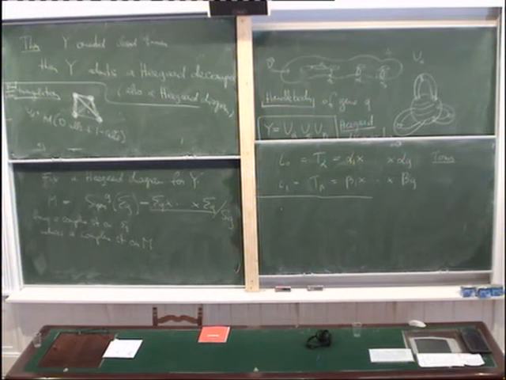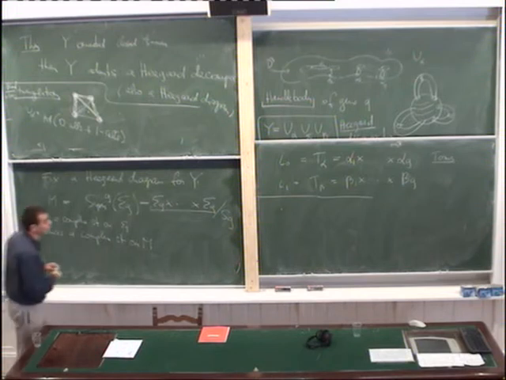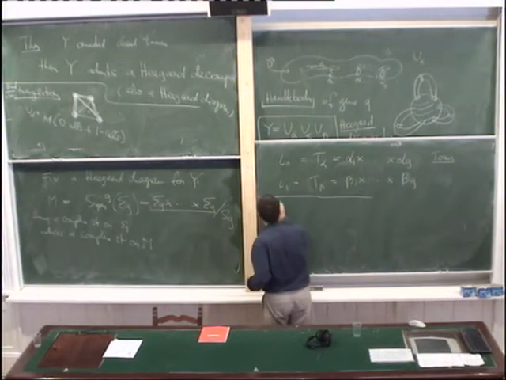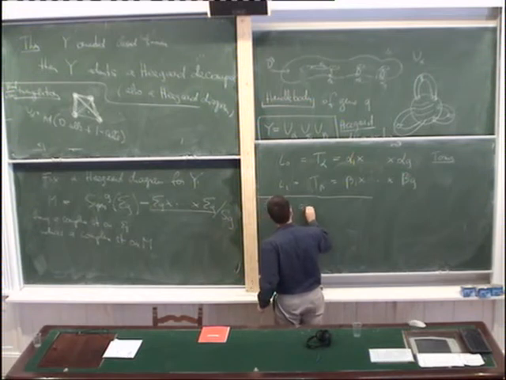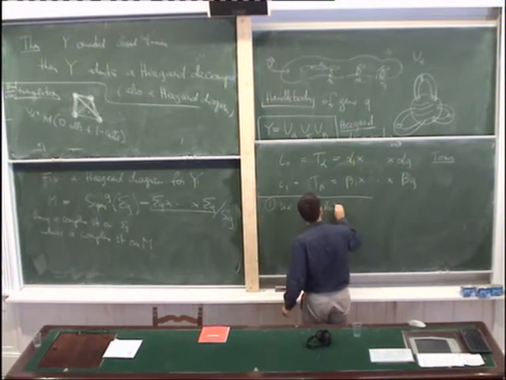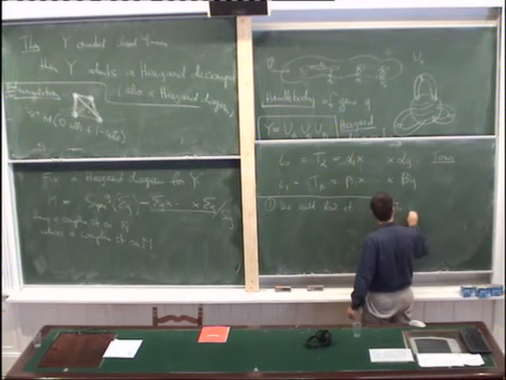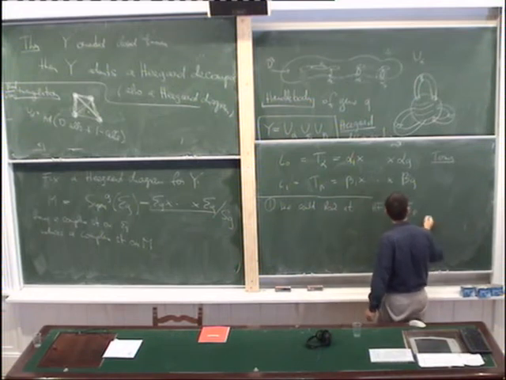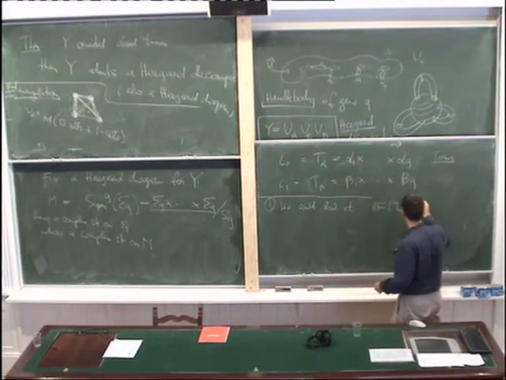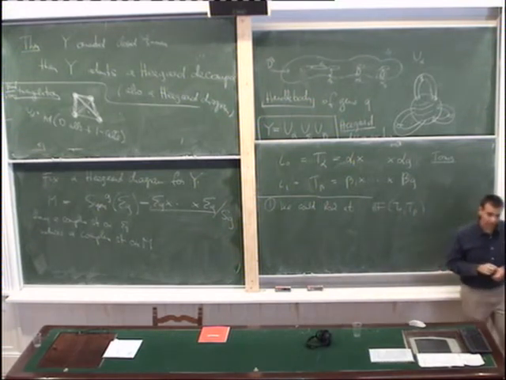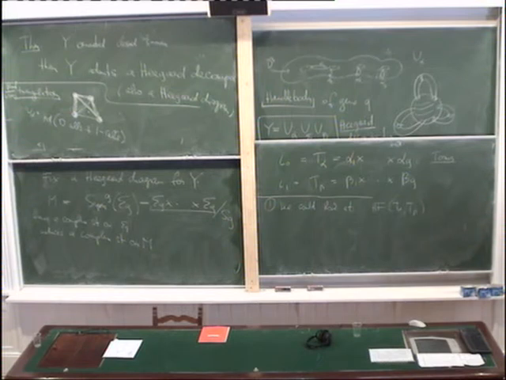So I guess we could look at some Floer homology of T alpha and T beta inside the symmetric product. And in fact we tried this and made some computations, and it turned out that this is not a very interesting theory.